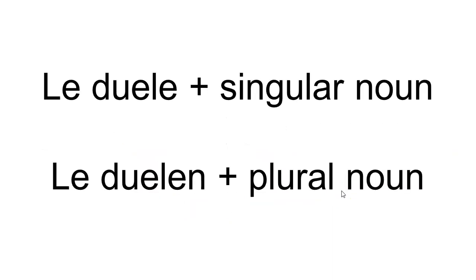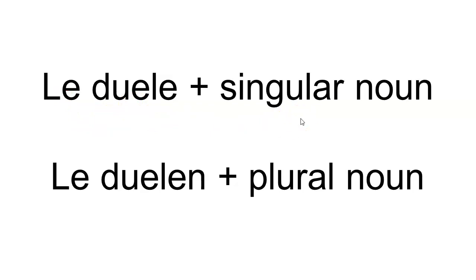Here's the underlying grammar structure. Le duele, again, we're talking about a patient. If the noun is singular, it'll be duele. If the noun is plural, it'll be duelen. For example, if I want to say the patient's ear hurts, in Spanish I would literally have to say to him is hurting the ear. So the to him is the le, duele is hurting, and I would say el oído.